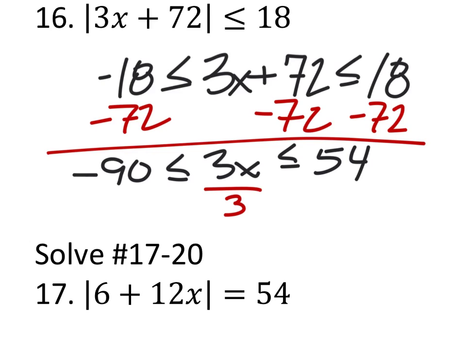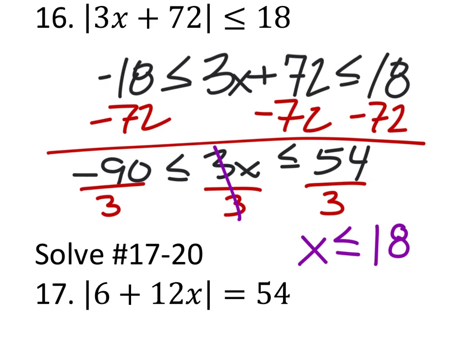And we'll divide by 3 everywhere. So this goes away. We have x is less than or equal to 54 divided by 3, which looks like 18, and negative 90 divided by 3 is negative 30.